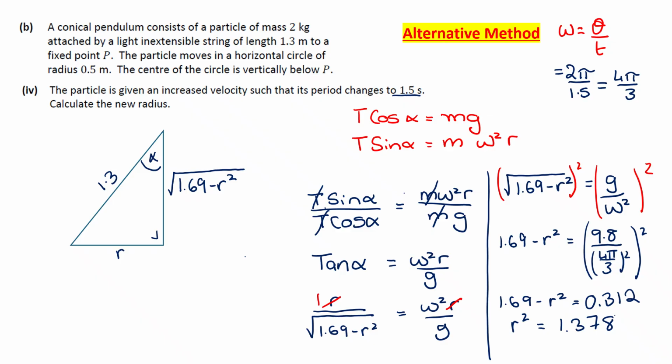When we square root that, we get r equals 1.17, and that's in meters.